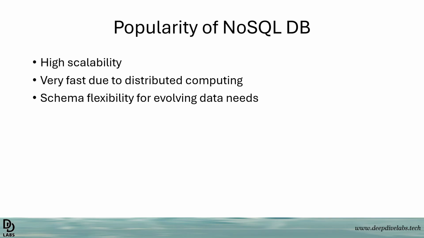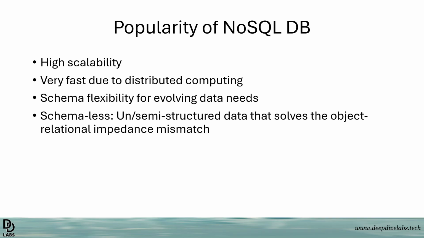But because of the object relational impedance mismatch, the development of software was becoming a tad bit slower, because there was a need to go back and look at the data model and change it, right? Whereas NoSQL databases, as we will see as we explore them, gave high schema flexibility. So as new features evolved, different NoSQL databases could be used for specific needs.